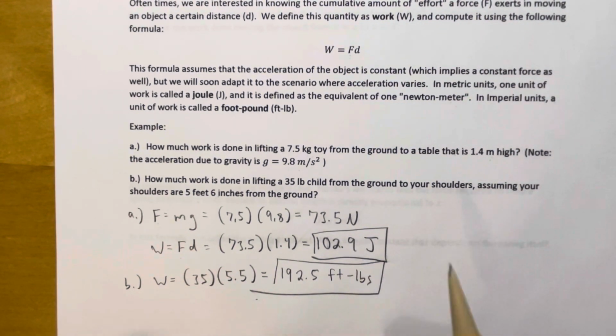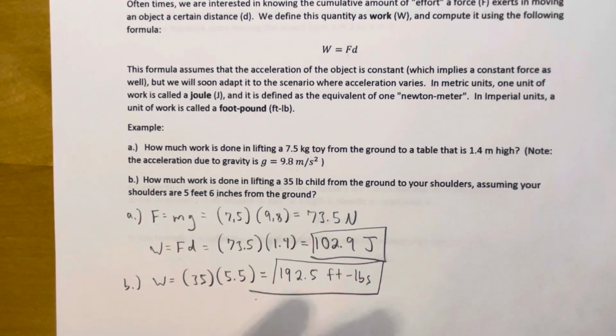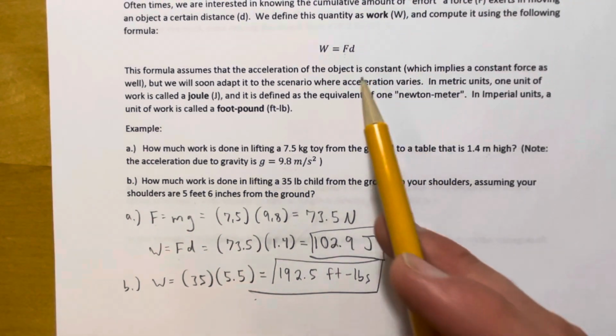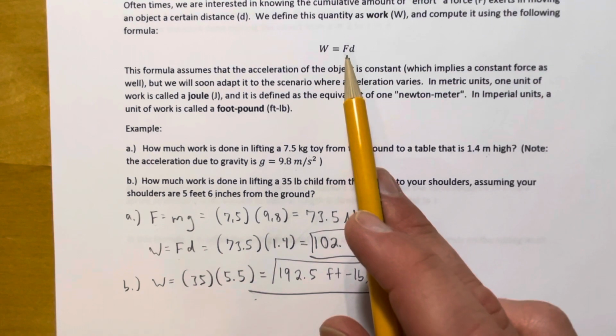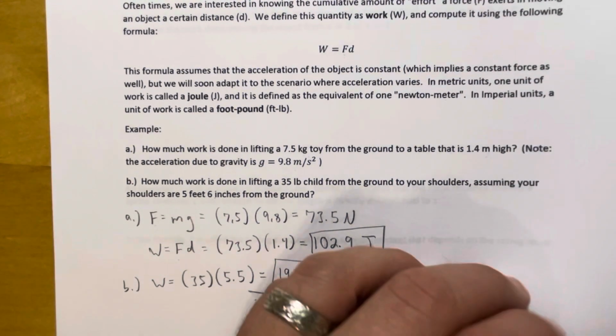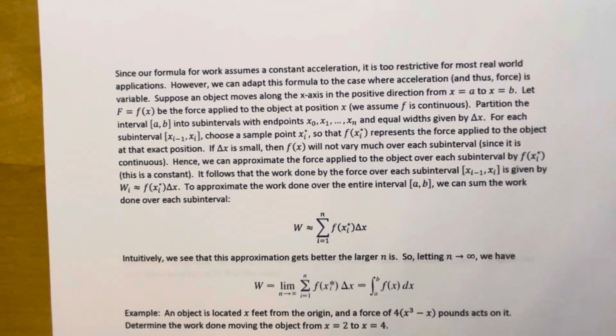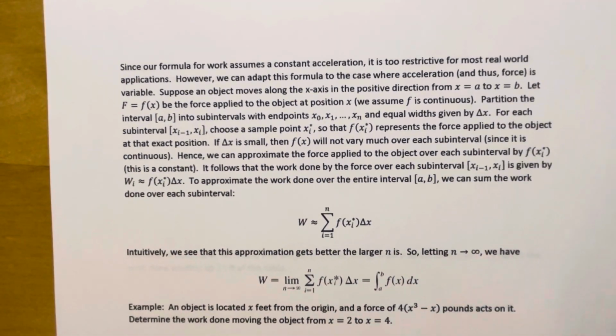And so I had to apply a constant force on these objects to lift them. But in general, for most applications in physics, it's way too restrictive to assume that that force is a constant. It can vary. And we need to figure out how to compute work in those sorts of cases. So let's talk through that right here.